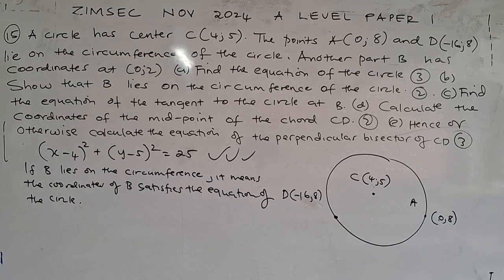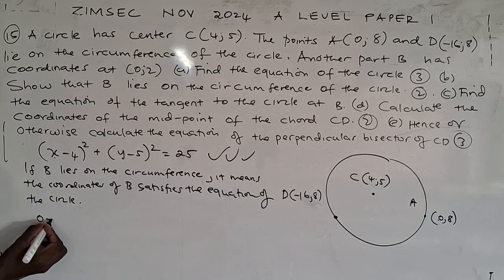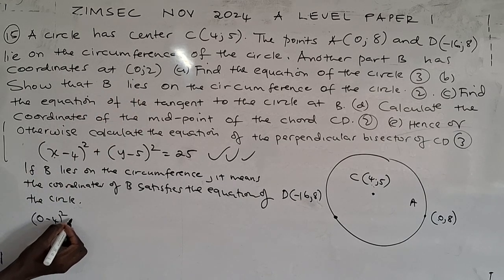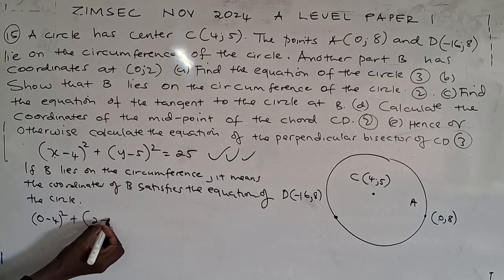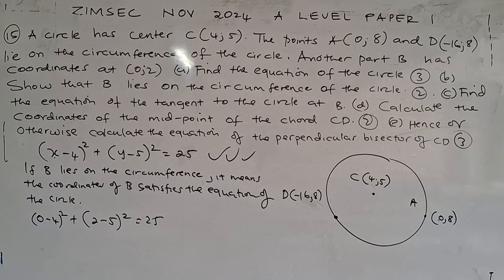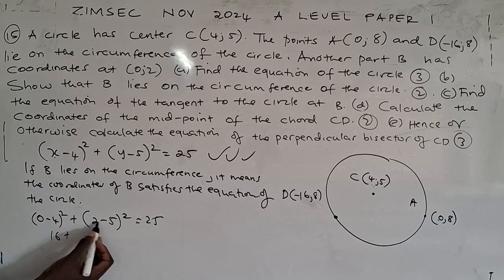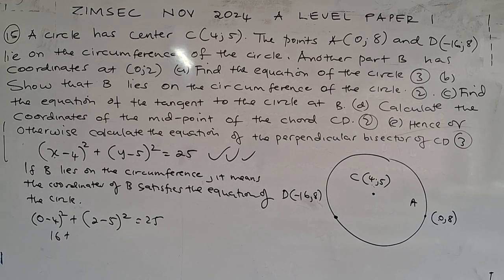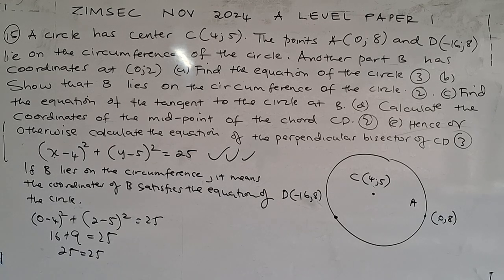So now let's check. The x-coordinate of B is 0. So (0 minus 4) to the power 2 plus (2 minus 5) to the power 2 is equal to 25. 0 minus 4 is negative 4, to the power 2 is 16, plus 2 minus 5 is minus 3, to the power 2 is 9, is equal to 25. 16 plus 9 is 25, equal to 25.